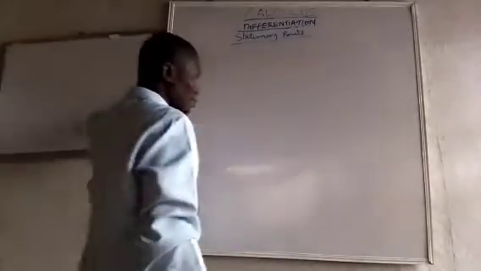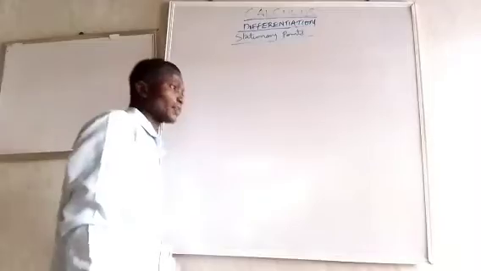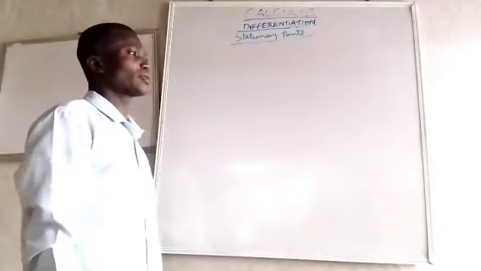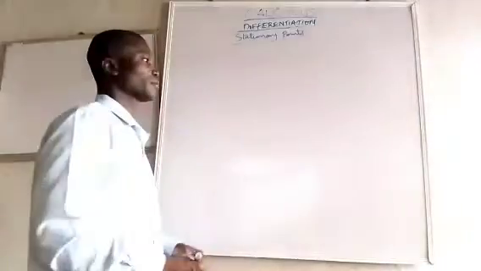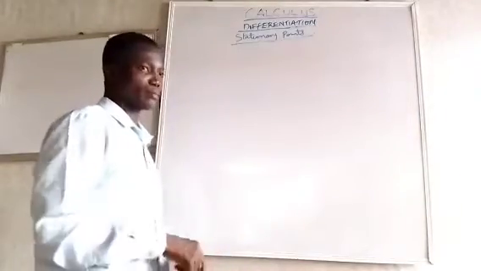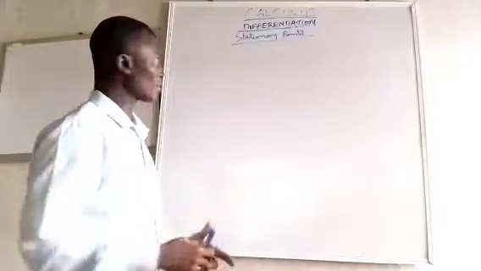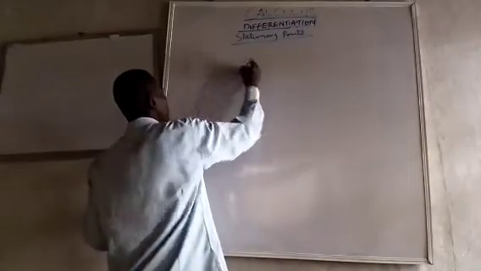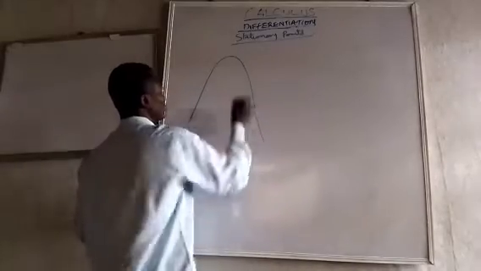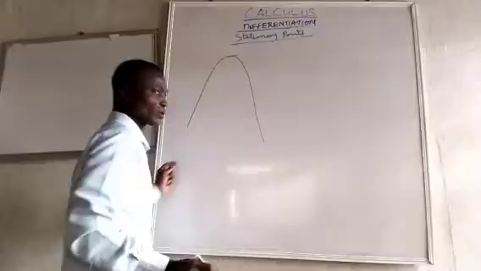Now let's talk about stationary points. What do you mean by stationary point? It's a point where there is total halt and change of turning, as in turning back of the curve. Look at this curve now. At this point, we refer to it as a stationary point.